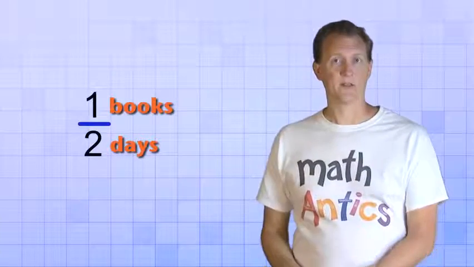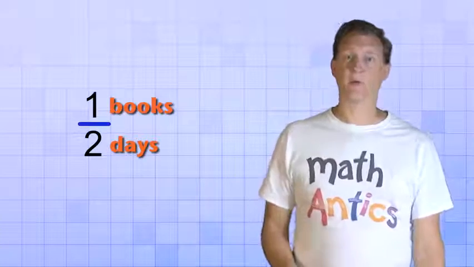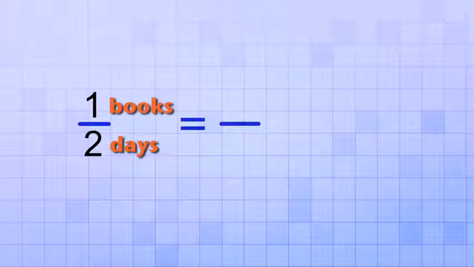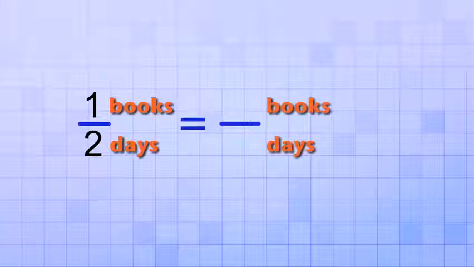How do we figure that out? Well, let's start with what we do know. We know that they can read 1 book in 2 days, so let's take that ratio and set up an equivalent ratio for 23 books. The key in setting up that equivalent ratio is to make sure that the units are the same as the first ratio, books on the top and days on the bottom.